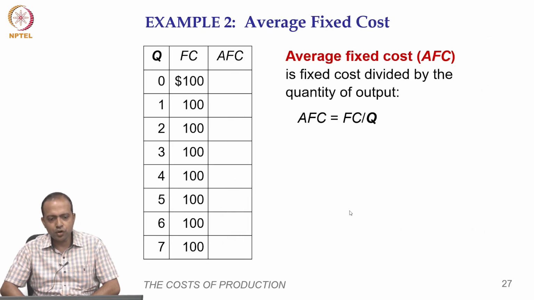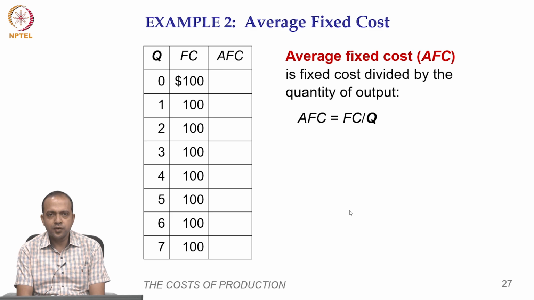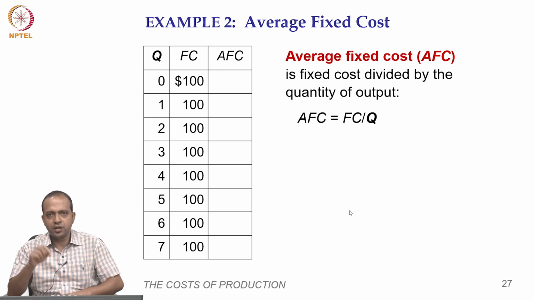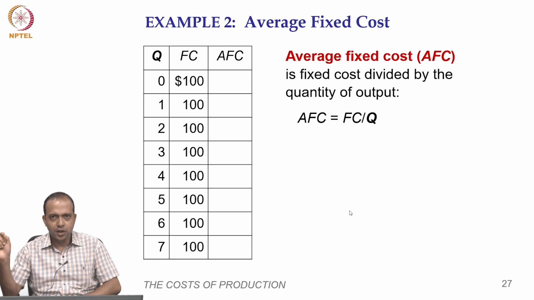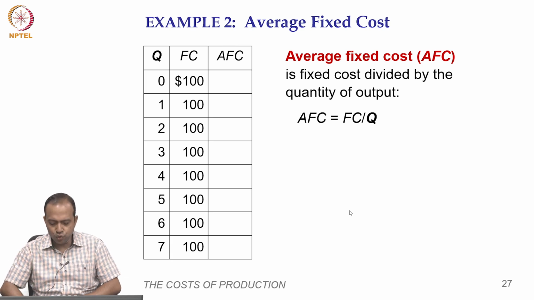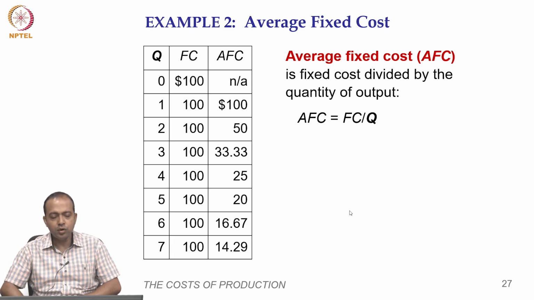Now, average fixed cost. Obviously if fixed cost is constant, what will happen to the average fixed cost? It will keep on falling as you increase your output, because it is total fixed cost divided by output, and fixed cost is fixed.